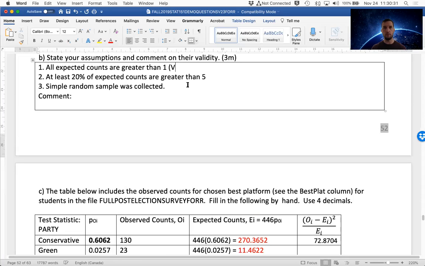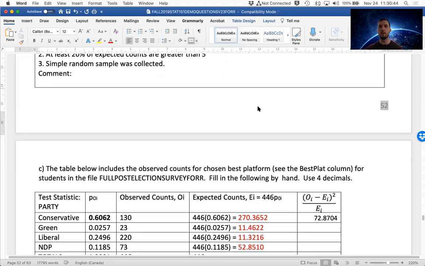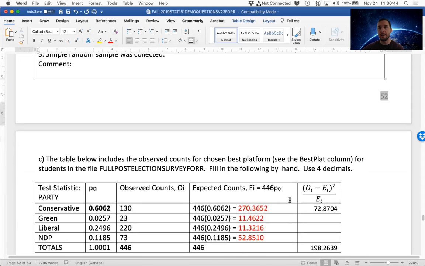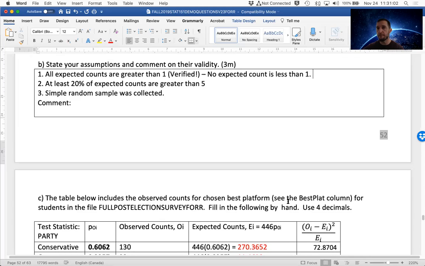So now what we can do is we can write this one is verified. No expected count is less than 1. So you can see in the table below, the lowest expected count that we have is, sorry, 11.3216. So we do not have any expected count less than 1, so that first assumption can be verified.